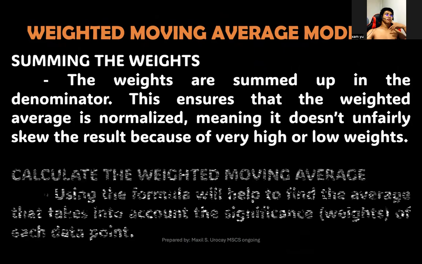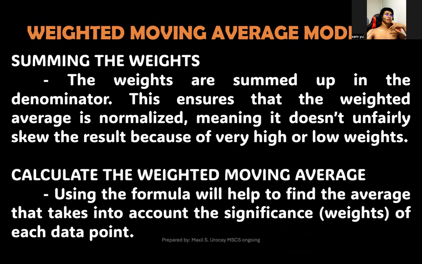Then, lastly, calculating the weighted moving average, which uses the formula that will help to find the average, takes into account the significance or weight of each data point. So this is the definition of this one, and how it works.